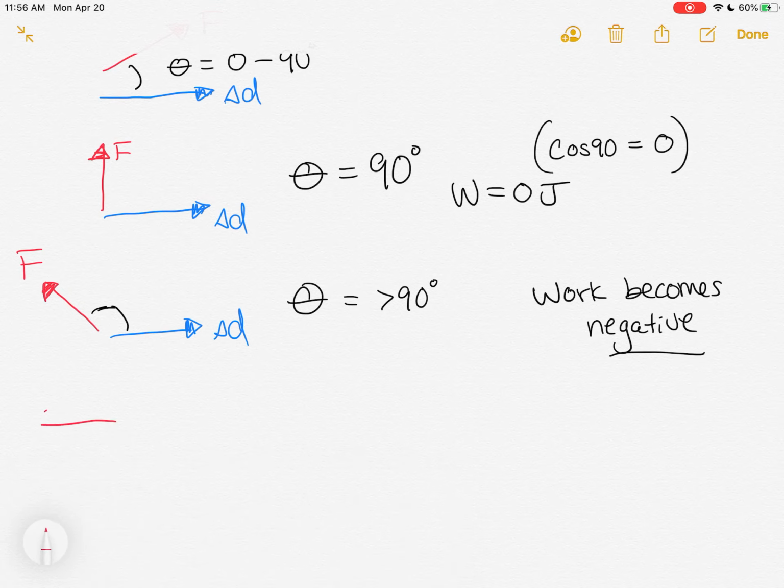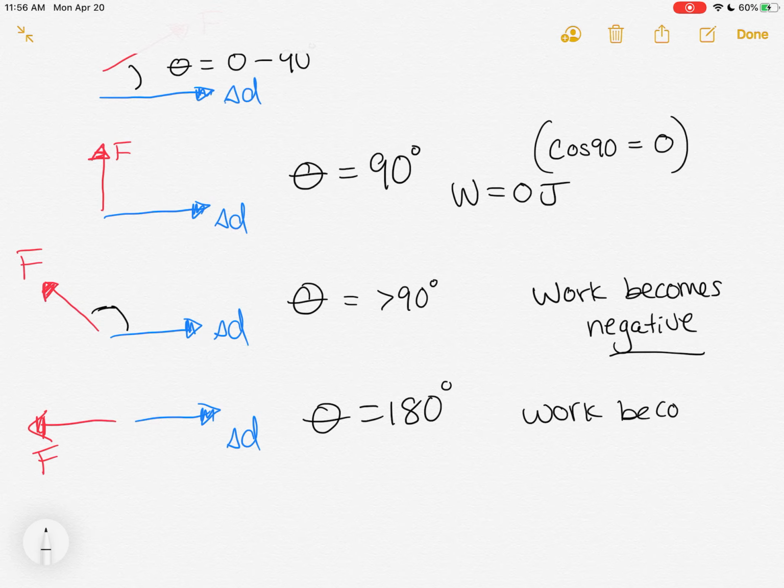Our last situation in terms of directions is, say our force is going completely opposite the direction of our displacement. So here, our angle is 180 degrees. When that happens, our work is still going to be negative, because cos of 180 is -1.